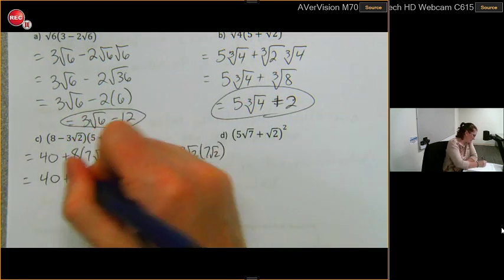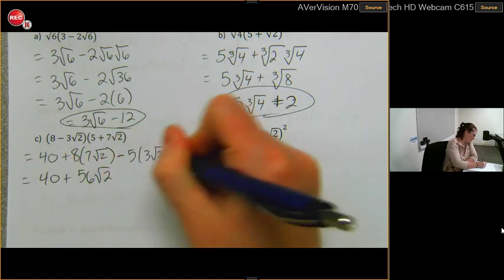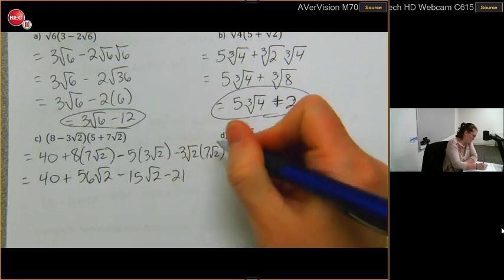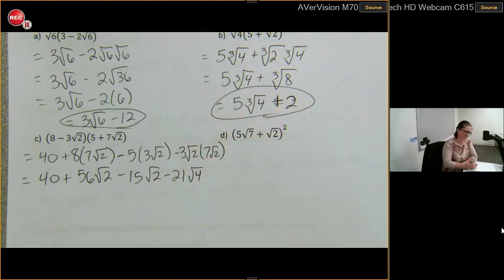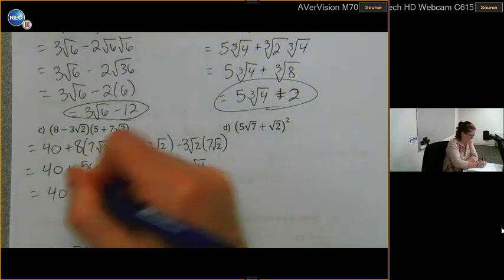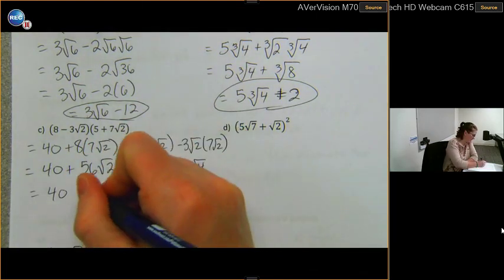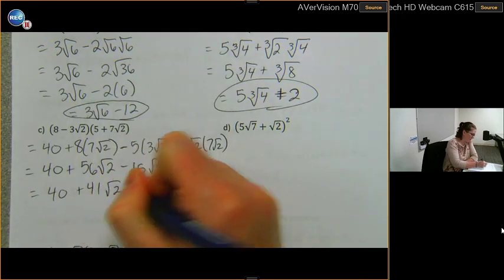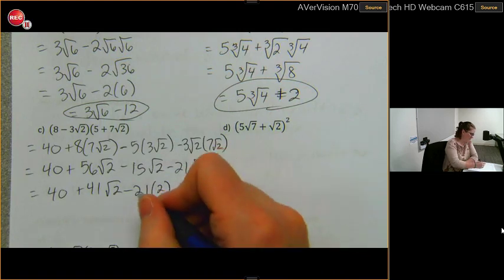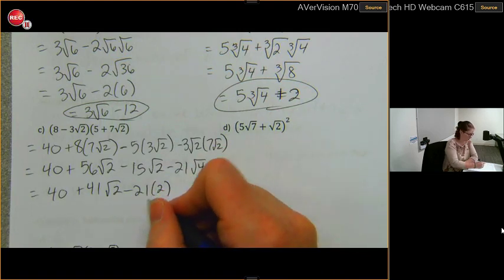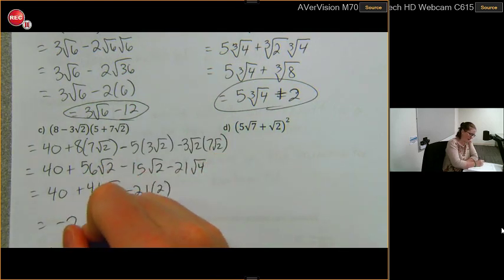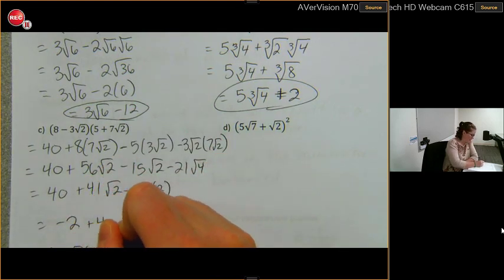So we get 56 square root of 2 minus 15 square root of 2 minus 21 square root of 4. Like terms, 56 minus 15 is 41. Square root of 4 equals 2. So 21 times 2, that's 42. Combining 40 minus 42, we get negative 2 plus 41 square root of 2.